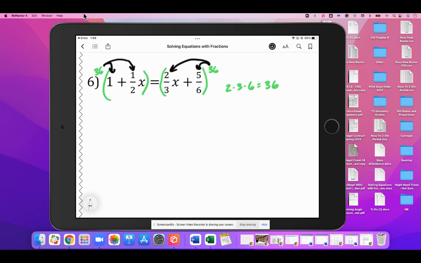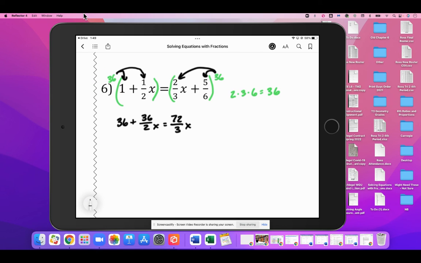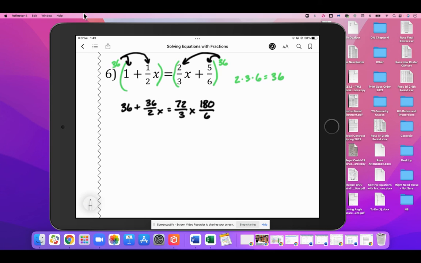So I've got 36 times 1 is 36. 36 times 1 is 36. Denominator stays the same. 36 times 2 is 72. Denominator stays the same. And 36 times 5 is 180 over 6. Denominator stays the same.